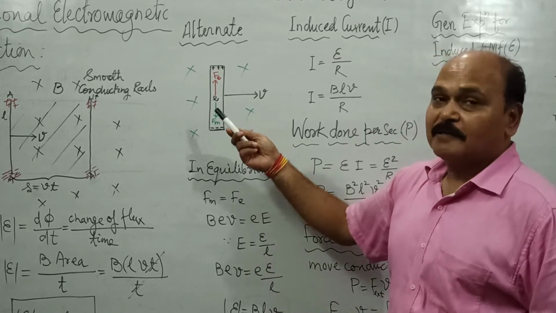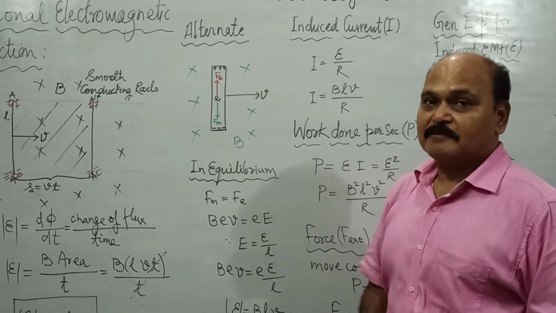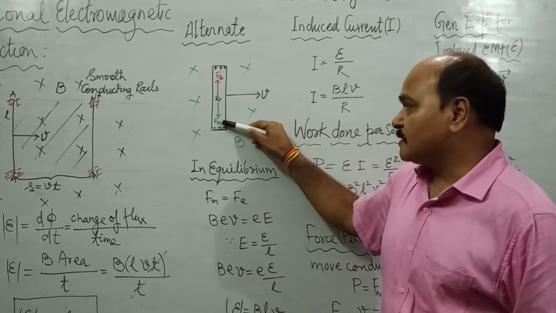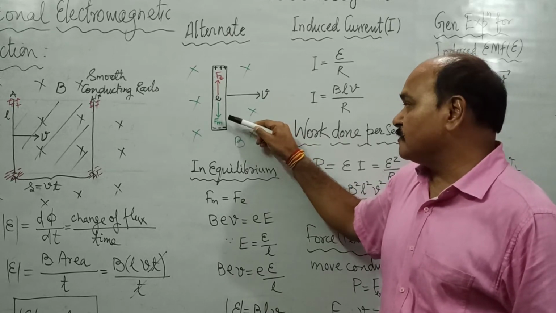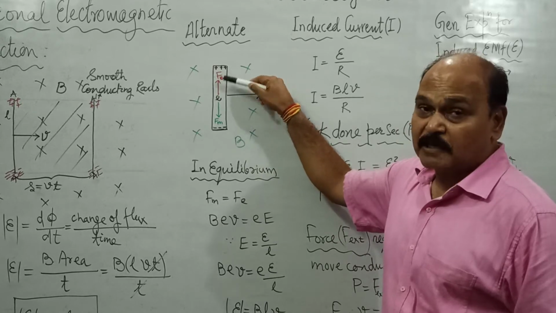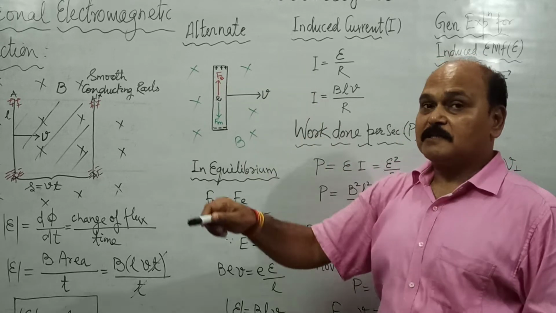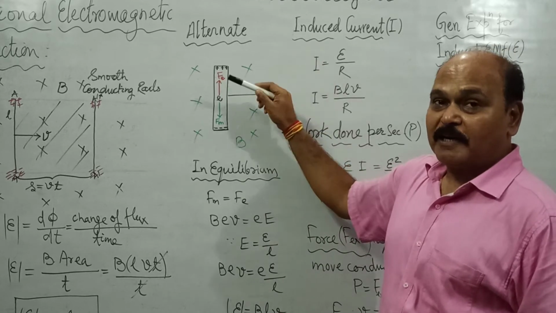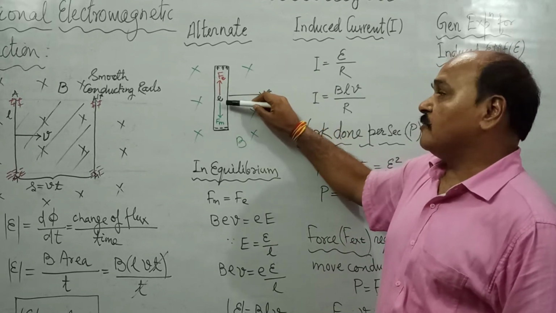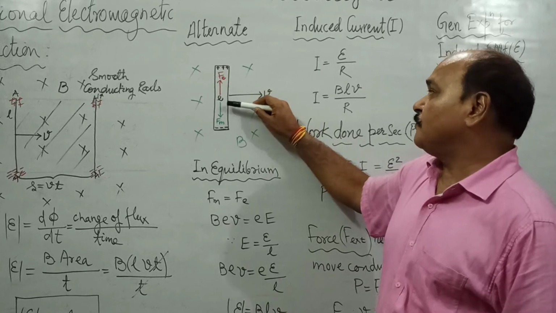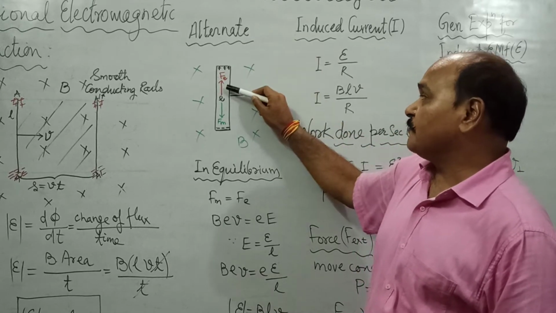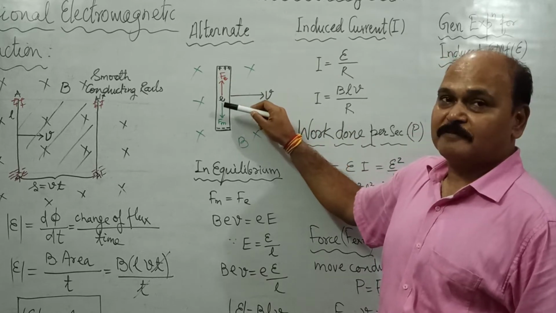Well, in a conductor, the free charge carriers are electrons. So Fm is the magnetic force on the electron, which is in this direction, and because of this magnetic force, the negative charge and this positive charge are created, and the moment these charges are created, an electric field is created, and by virtue of that electric field, every electron experiences force towards this positive charge. And see, this electric force is just opposite of the magnetic force.